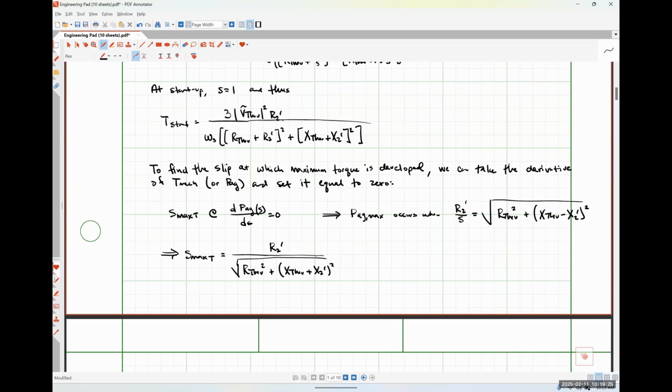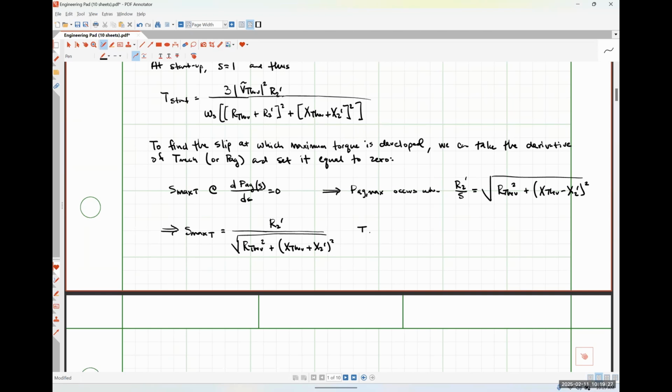And lastly, our maximum developed torque is then 3 times the magnitude of our Thevenin voltage squared over twice omega s times R Thev plus the square root of R Thev squared plus the quantity X Thev plus X2 prime squared.